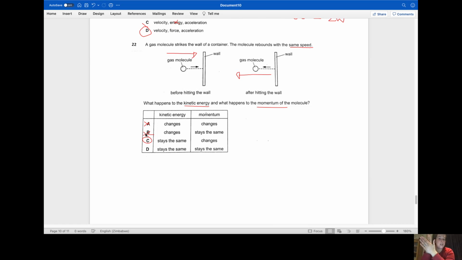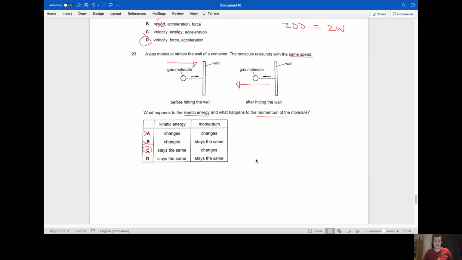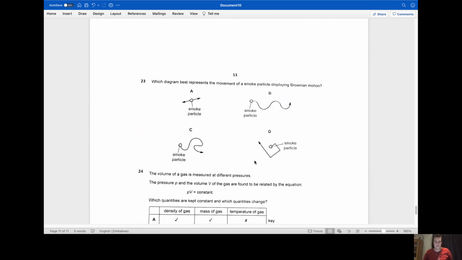So for number 22, your kinetic energy stays the same because your speed stayed the same, but the momentum changed because it changed direction. Okay, so number 22 is also a bit of a trick question.